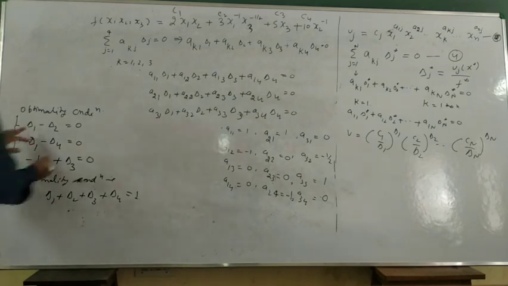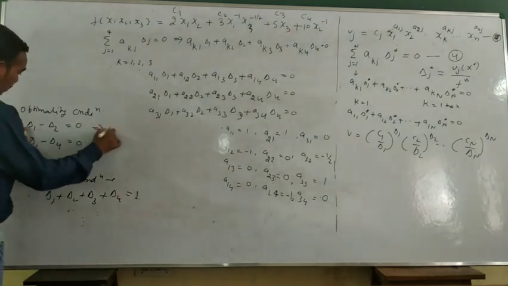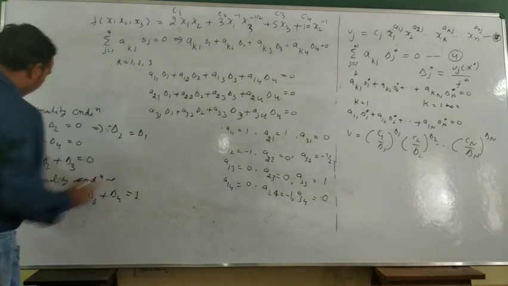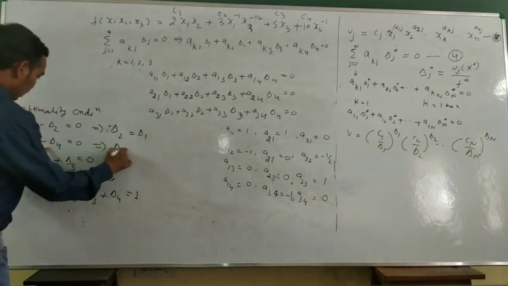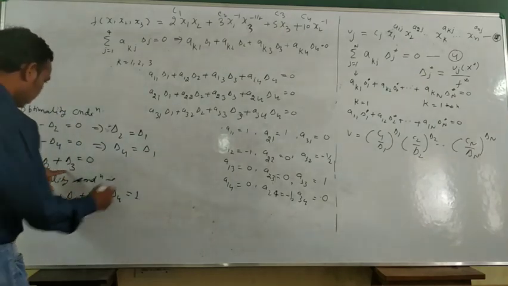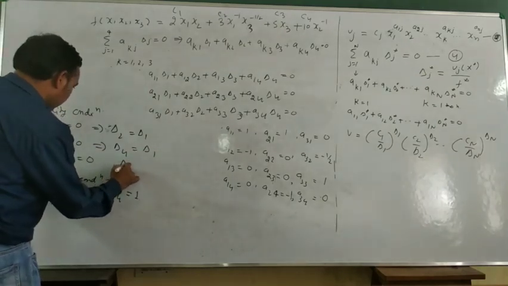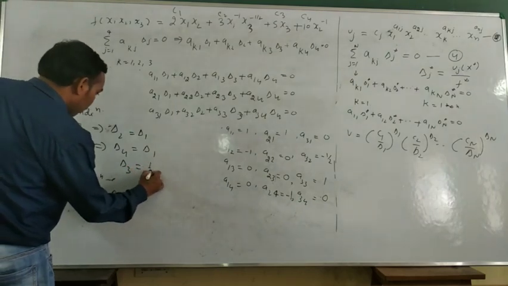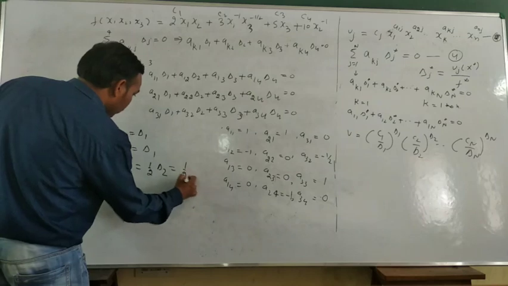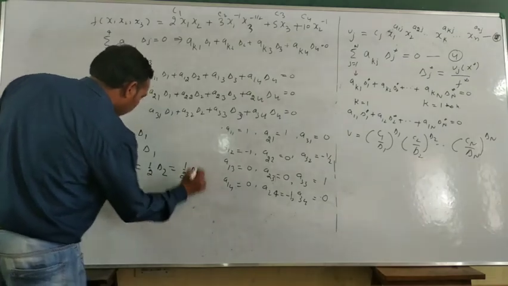So we see that del 2 equals del 1, del 4 equals del 1, and del 3 equals half del 2, which is half del 1.